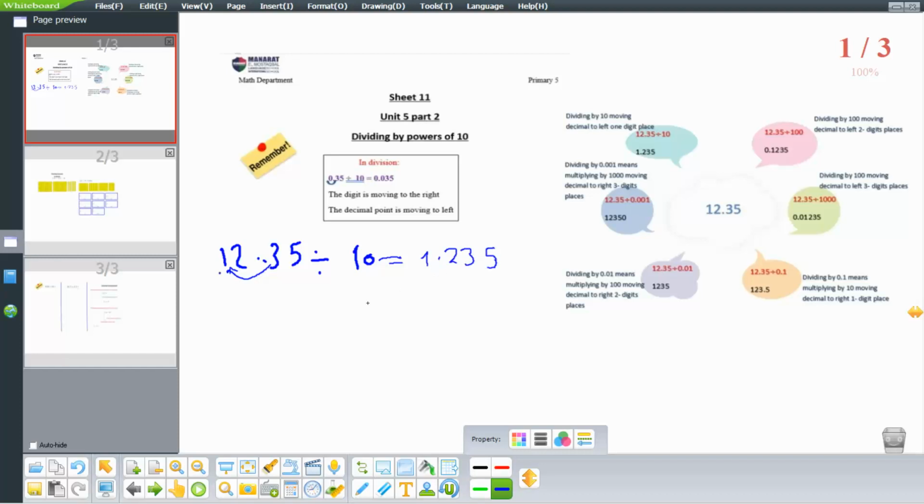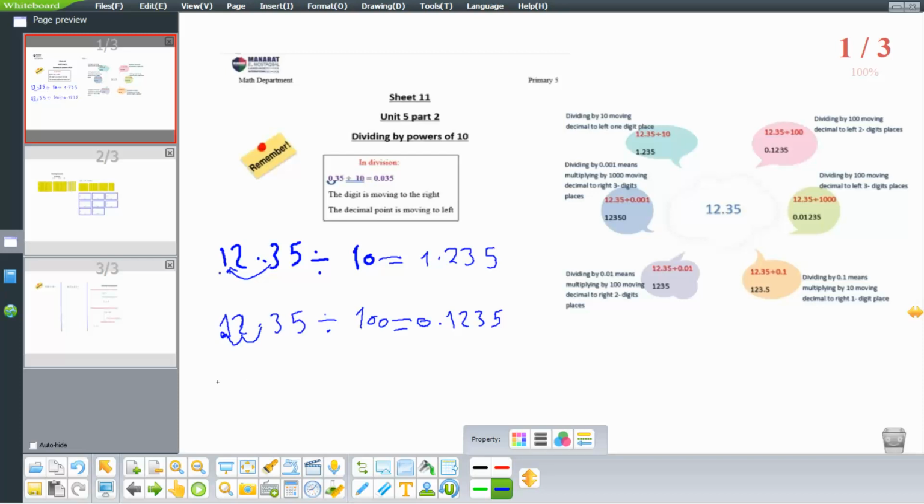If we have 12.35 divided by 100, we are going to move the decimal point 2 digits to the left: 1, 2, so we put it here. It will be 0.1235.